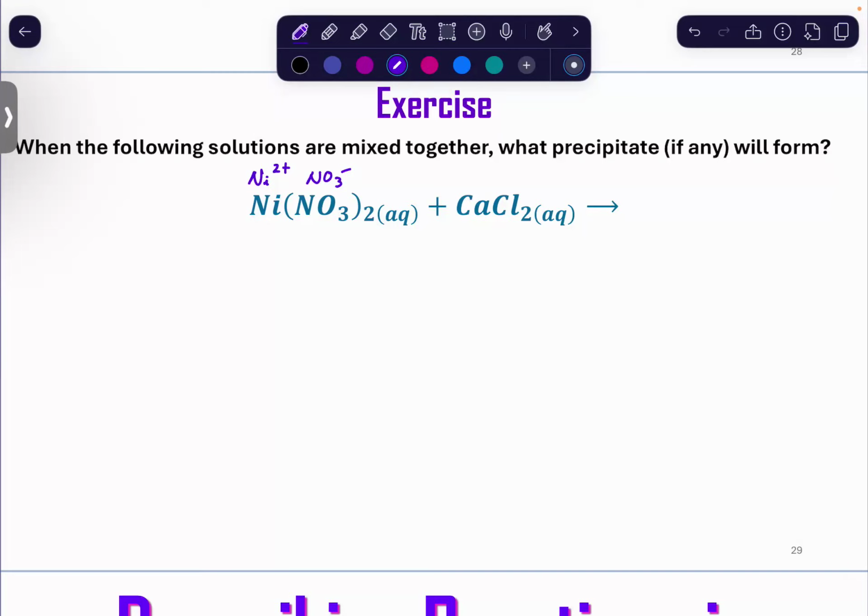Then you see we have calcium chloride. So again, chloride is a -1, but I have 2 of them for the 1 calcium. Calcium is a 2 plus, but you should also know that because calcium is in group 2 of the periodic table, so it has to be a plus 2. Okay. So then the question is, what are we going to get? Let's look at the ions that are going to swap places.